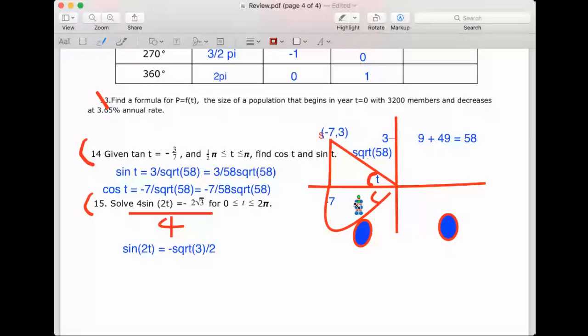Make sense? Let me write 60 degrees here. And in the fourth quadrant, I will have my triangle here, and also my reference angle is 60 degrees.